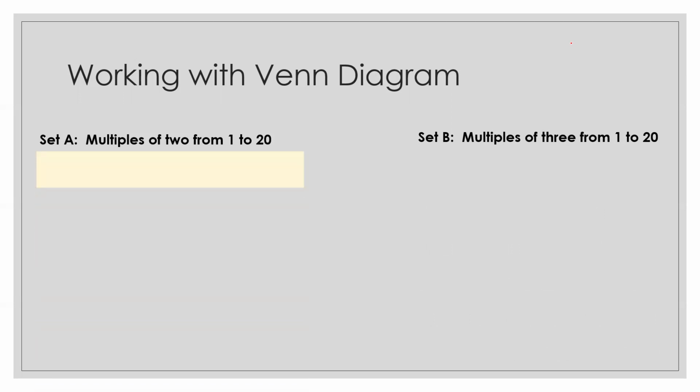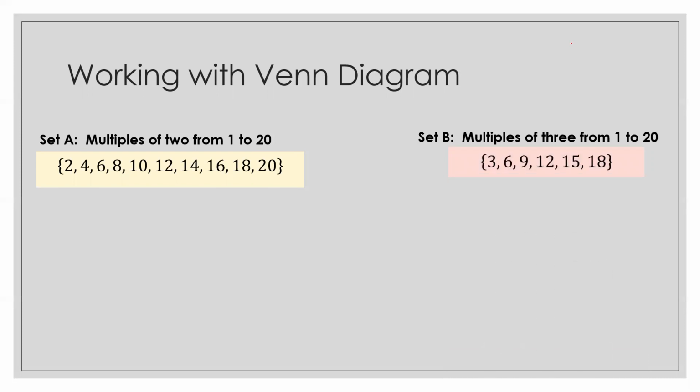Set A would be 2, 4, 6, 8, and so on, all the way up to 20. Set B would be multiples of 3, and that would be 3, 6, 9, 12, 15, and 18. Pause the video right here, draw the Venn diagram, and put the members of these sets where they belong in your Venn diagram.